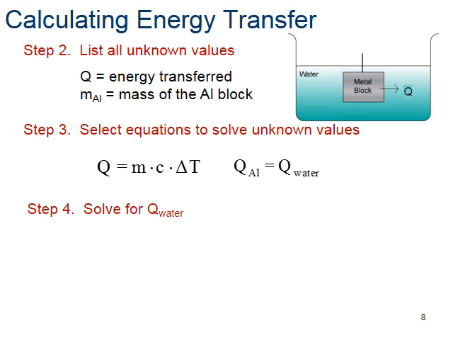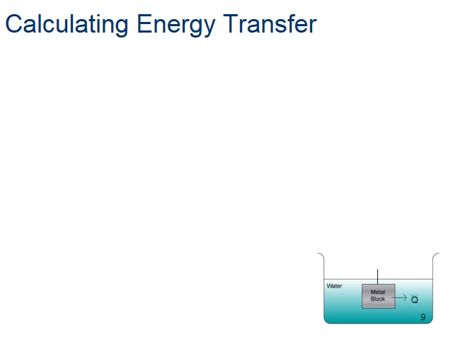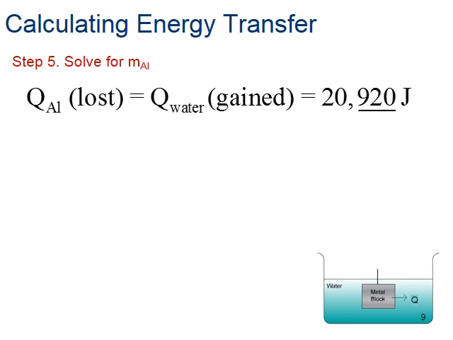So let's solve for the Q of the water, how much heat the water absorbed, because we know the mass of the water, we know C, and we know delta T. When we plug and chug, we get that the water gained 21,000 joules. Now let's remember that the heat lost by the aluminum is equal to the heat gained by the water.